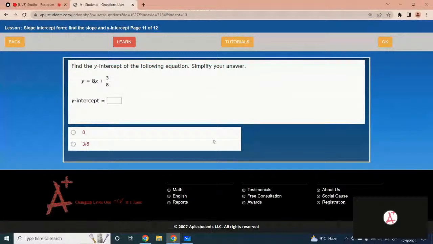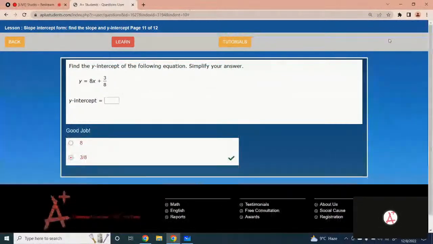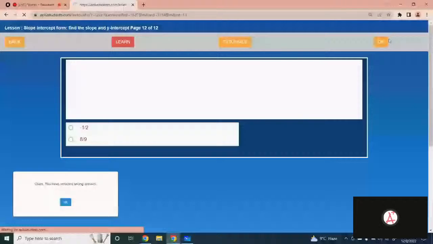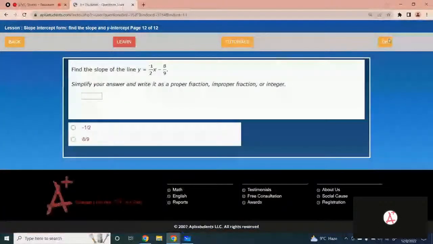Got it? Just select the correct option, then click on the OK button. Okay, find the slope. y equals negative 1 over 2x, negative 8 over 9. So the slope is m equals negative 1 over 2.